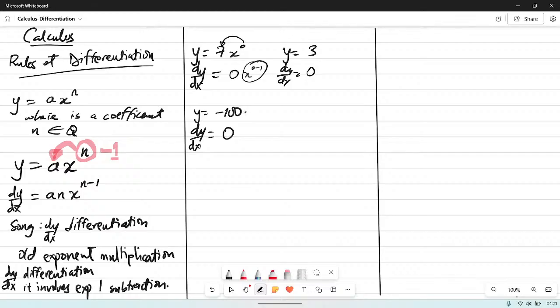It's not just because there's no x; the x is there, but x is raised to the power 0, and anything raised to the power 0 is what? 1. That's why you don't see the x. And even then, the 0 multiplies 100 and everything becomes 0. So whenever you differentiate a constant, you get 0.